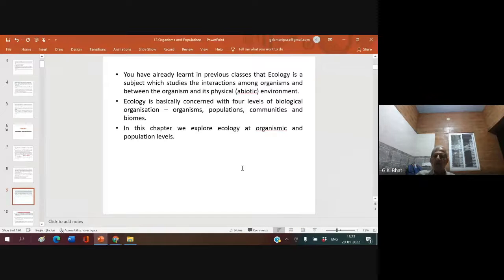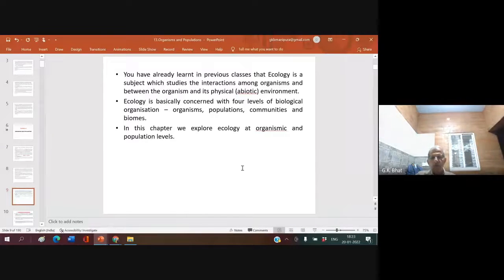You interact with other organisms. It is not that we interact only with human beings. We interact with the cow, cattle, the donkey, the pig, the chicken, so many other organisms in and around us. We also interact between the organism and its physical environment.